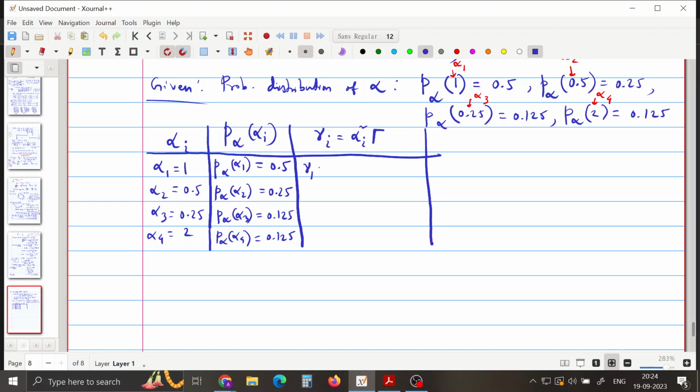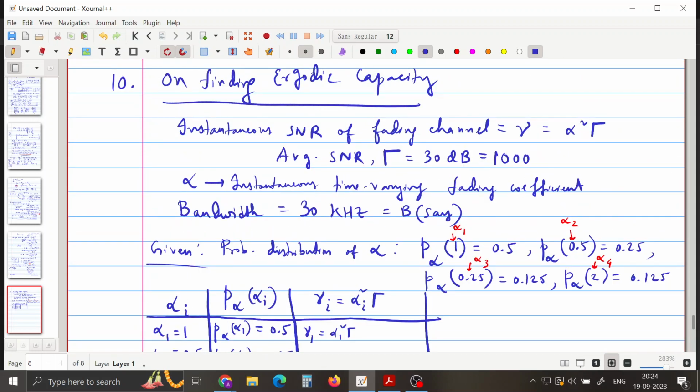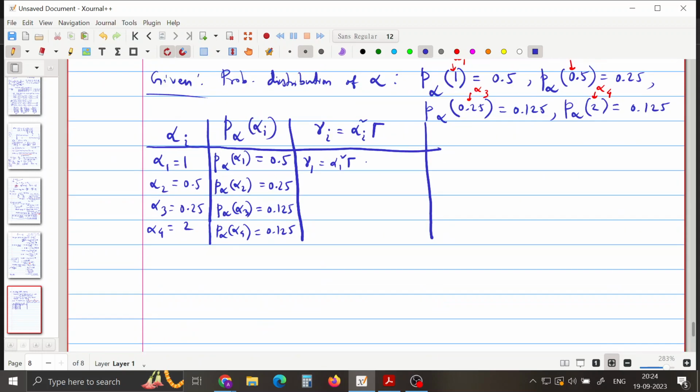So gamma 1 is alpha 1 squared times gamma. Alpha 1 is 1, 1 squared is 1, times capital gamma 1000, which is simply 1000. Small gamma 2 is alpha 2 squared times capital gamma: 0.5 squared is 0.25, times 1000, which is 250.